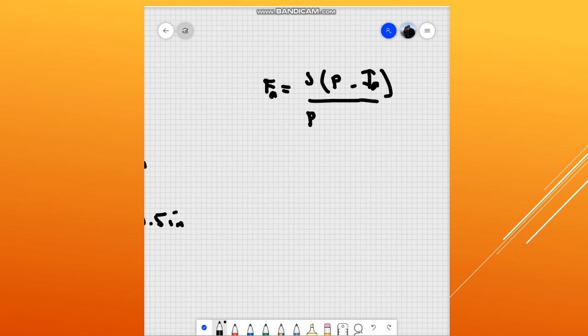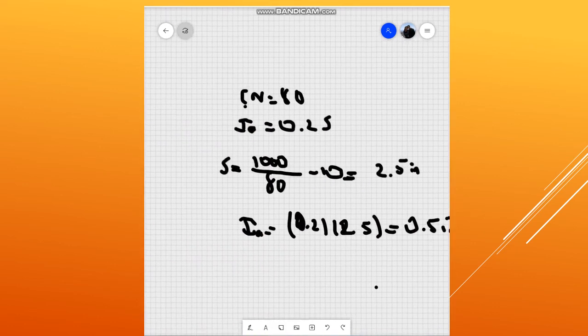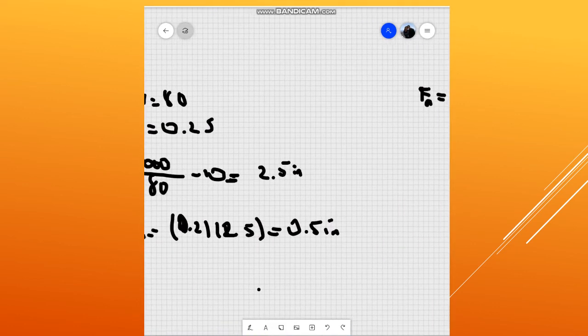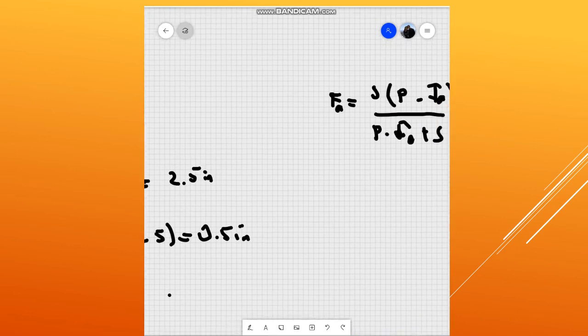So the precipitation minus initial obstruction. The P is given, cumulative rainfall is given in the table. We know that. Plus S. So when we calculate here, S is calculated is 2.5 inch, is constant.